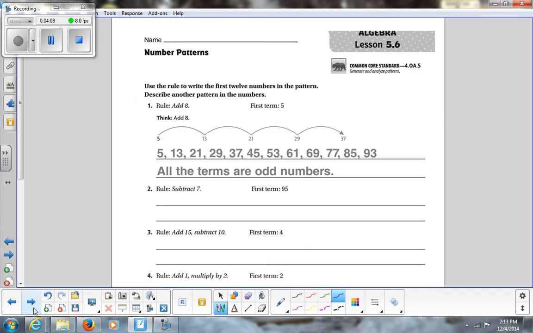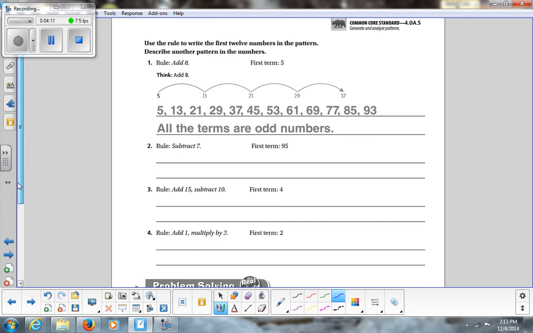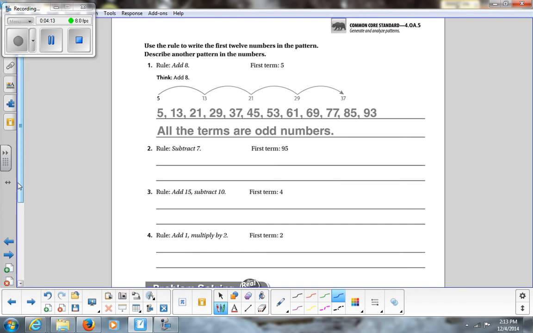All right, so here's our homework. We're going to use the rule that they give us to find the numbers in the pattern. First 12 numbers. Okay, so there should be 12 numbers in here. I'm going to do number 3 with you. My first term is 4. Okay, so I'm going to add 15 and subtract 10.